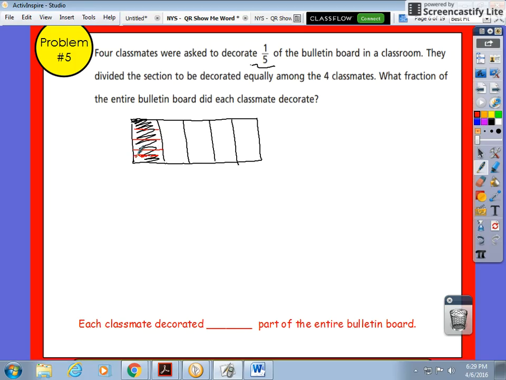But I need to know what part it is of the entire bulletin board. So in order to do that, I need to know what this piece is compared to the whole. So I need to see how many pieces of that size are in the whole.